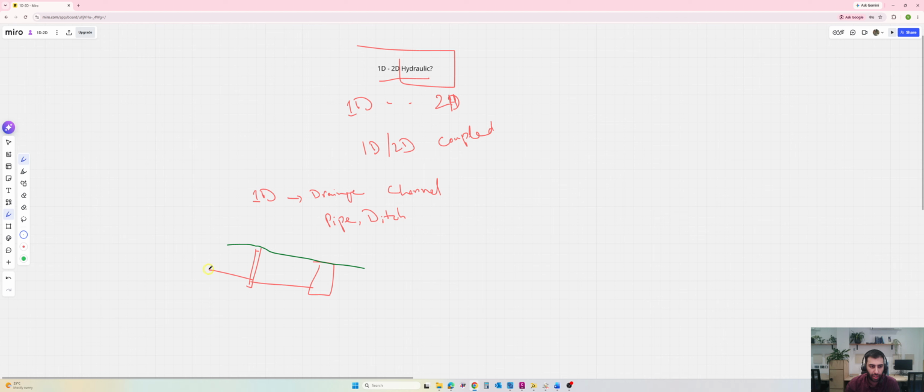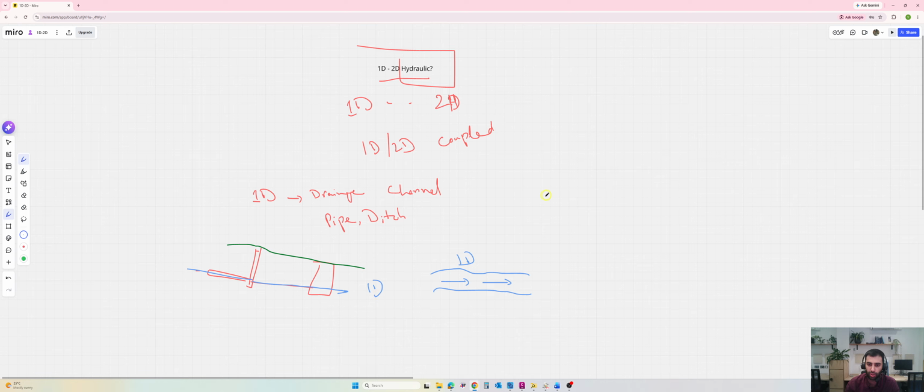So an underground pipe network is basically where the water flows in one dimension, like it will only be going this way and then this way. So this is called 1D. And even if you have, for example, a river channel and the water is flowing, it is also 1D, and this is also an example of 1D.